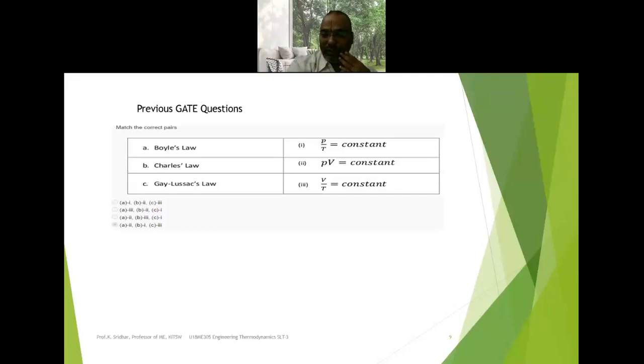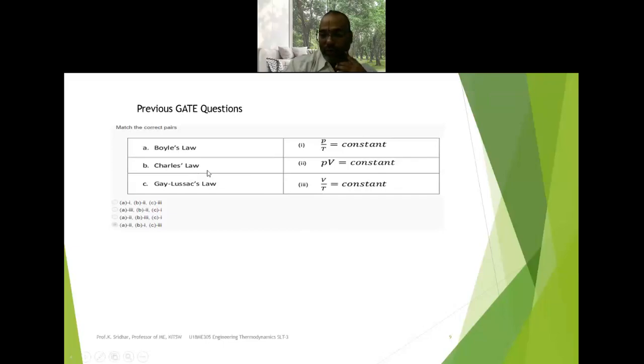Boyle's law says that whenever the temperature is constant, pressure is inversely proportional to the volume. So PV is equivalent to constant, or P1V1 is equivalent to P2V2 is equivalent to constant. It is valid only under constant temperature conditions, that is the isothermal process. So Boyle's law is nothing but PV equals constant.